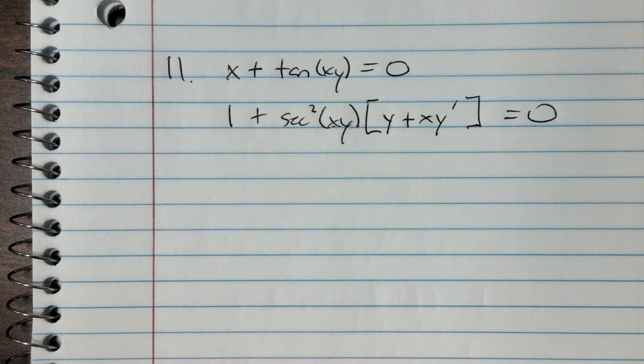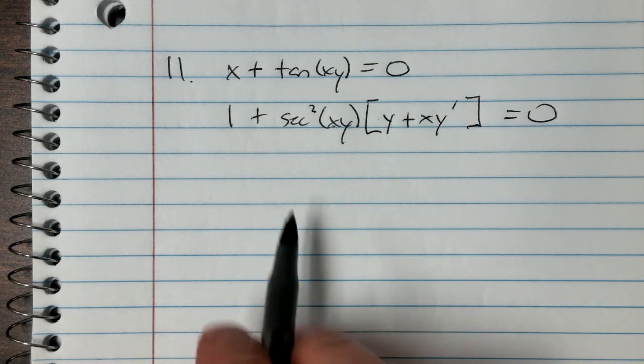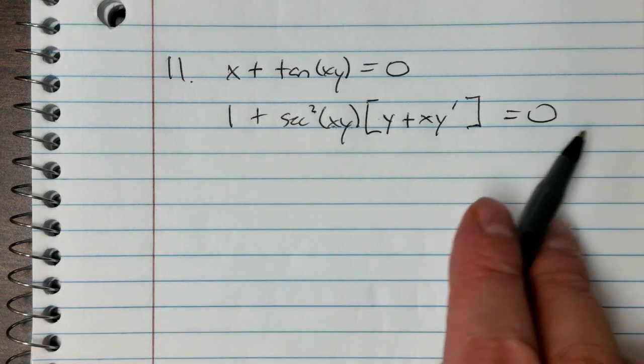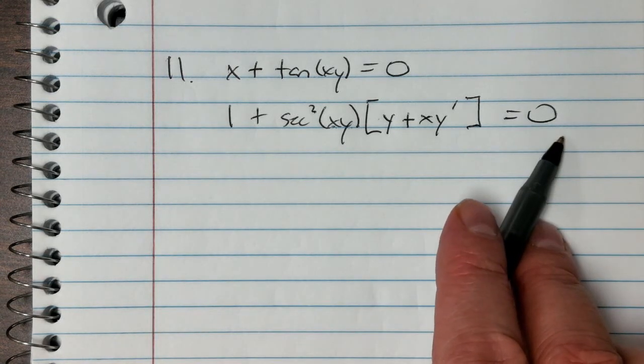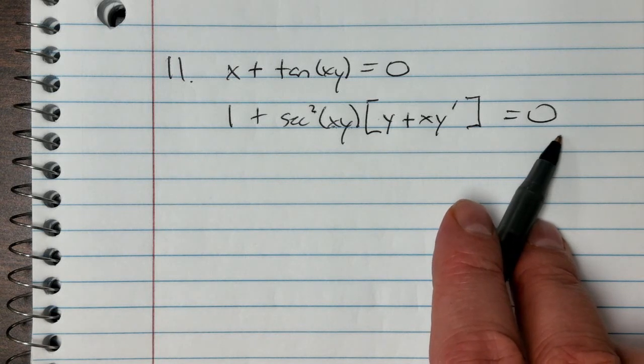So what they want to do now is move this 1 to this side, and they want to work on distributing and keeping the y prime term on the left.